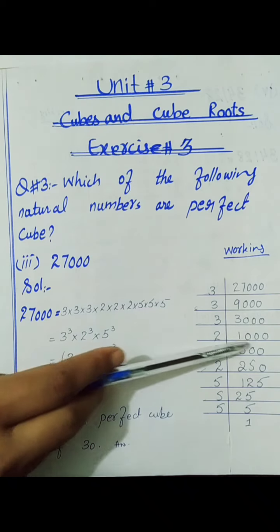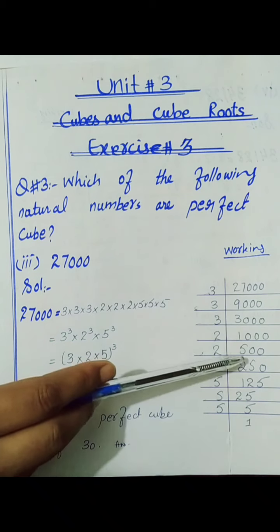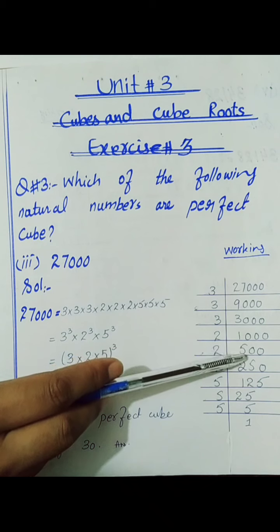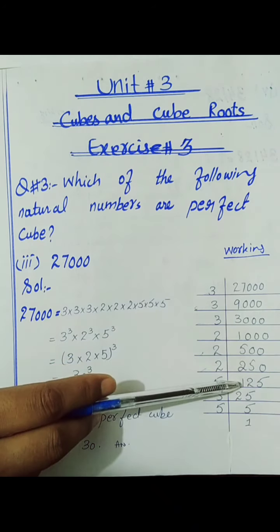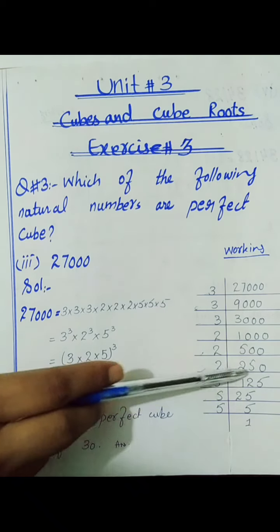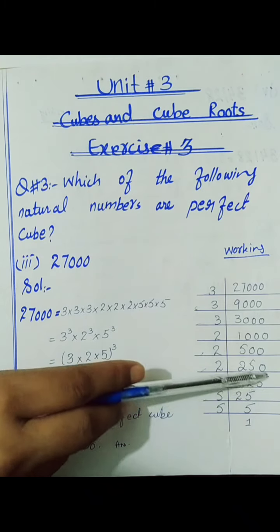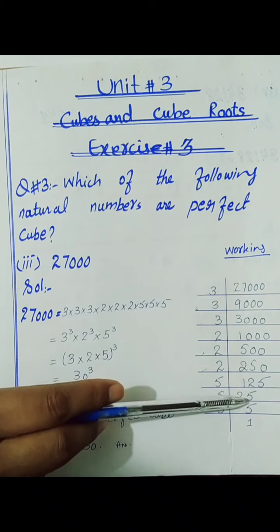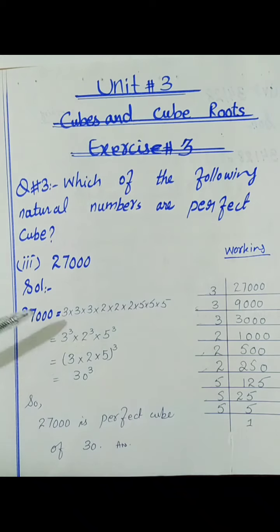Now we have 1000 which is divisible by 2, so 2 5s are 10 and 2 zeros, 2 2s are 4, 2 5s are 10, and 0 brought down, 2 1s are 2, 2 2s are 4, 2 5s are 10. Then 125 is not divisible by 2. Last digit is 5, so it is divisible by 5. 5 2s are 10, 5 5s are 25, then 5 5s are 25 and 5 1s are 5.